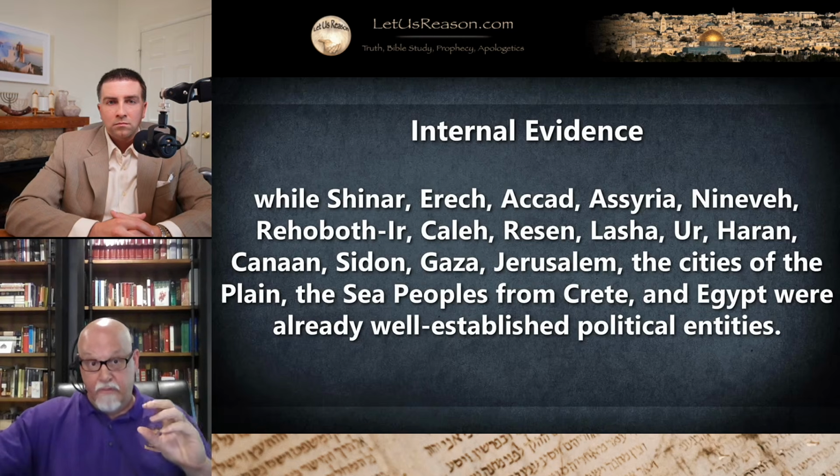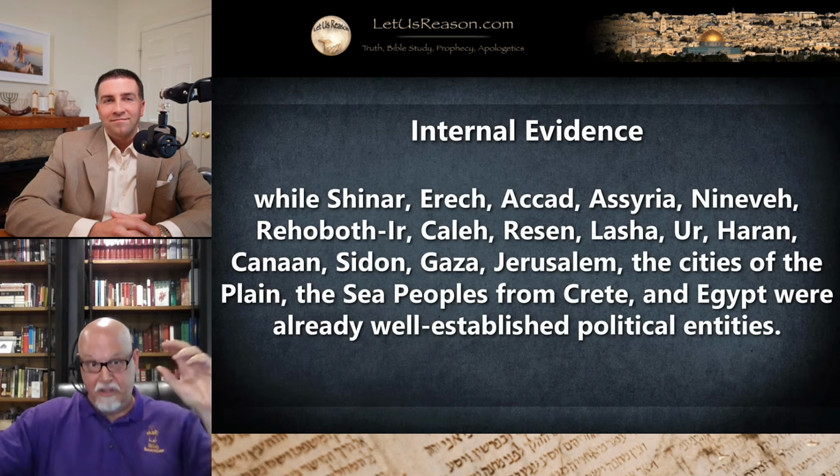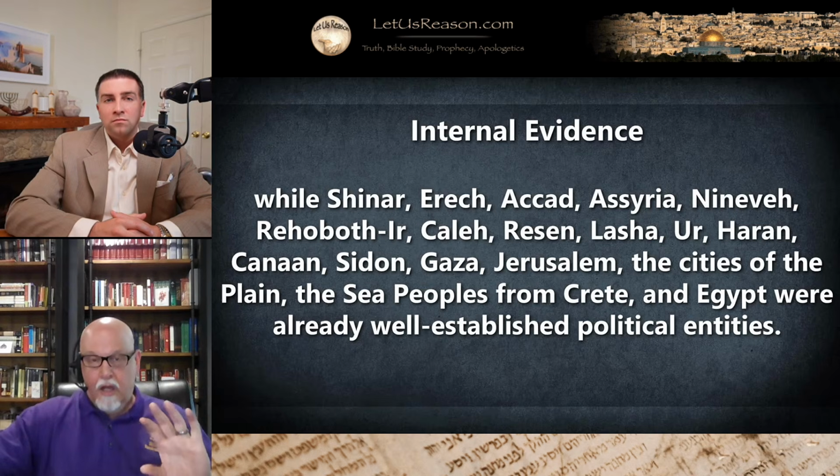I've deliberately avoided the external archaeology because I don't want to be accused of holding the archaeology over the text, right? Methodologically, I've been staying away from that for now, and just looking internally. But I think the external will support what we've been saying here all along as well.